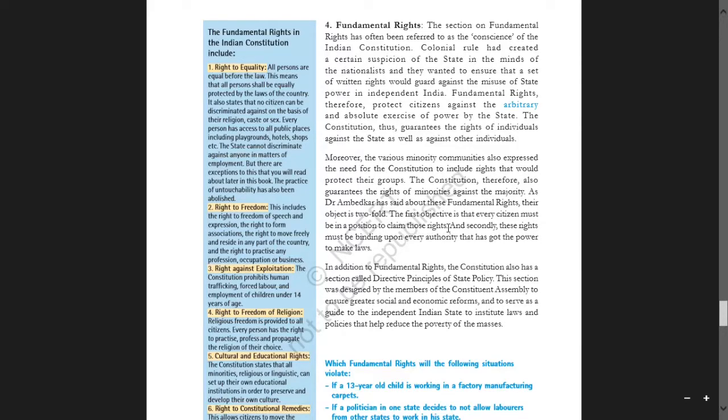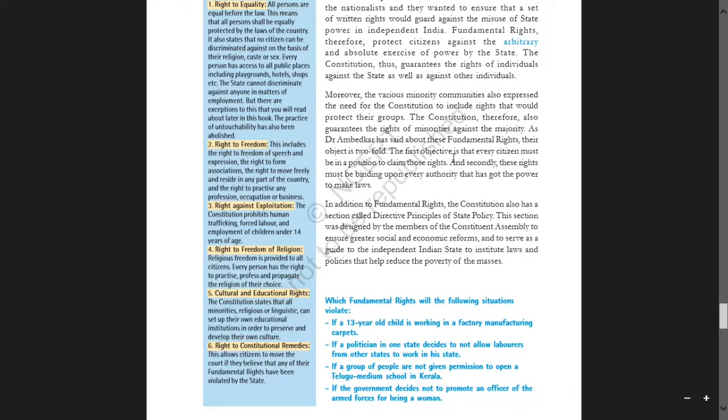And secondly, these rights must be binding upon every authority that has the power to make laws. So this was the second one.